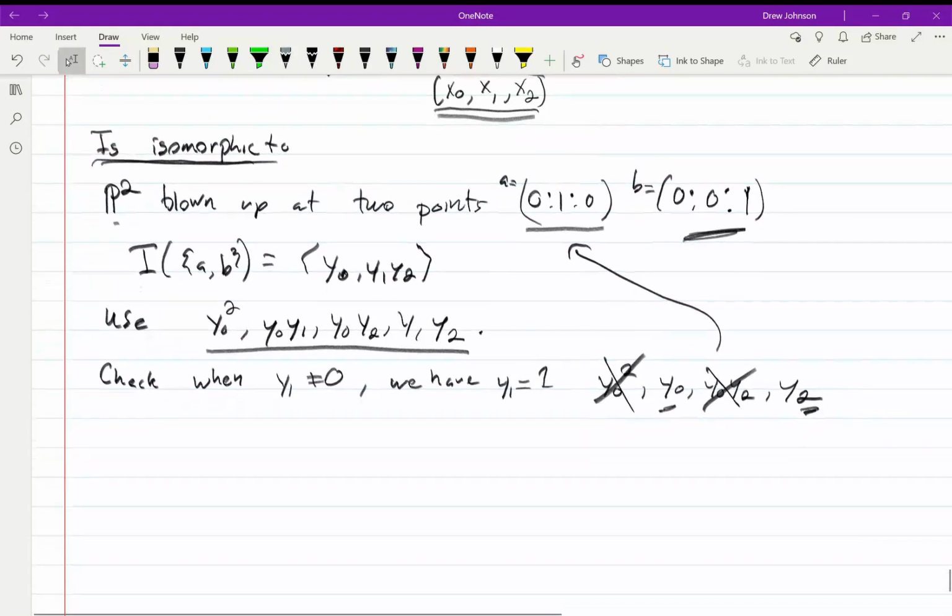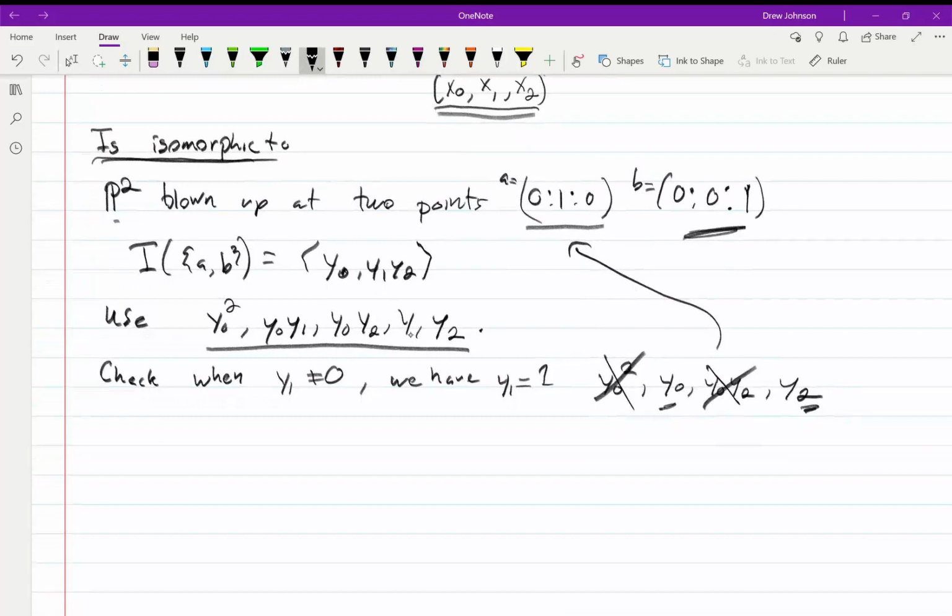All right. So let's define the map that's going to give the isomorphism. So we have P1 cross P1 tilde, the blow up. Now that's contained in, well, I'm going to think of it as being in P3 cross P2. This P3 is just the P3 of the Segre embedding where P1 cross P1 is embedded.